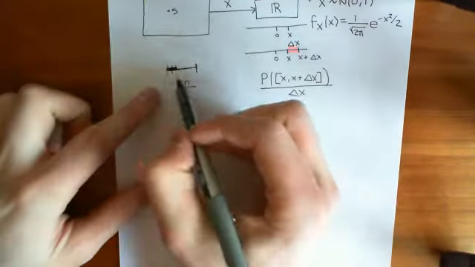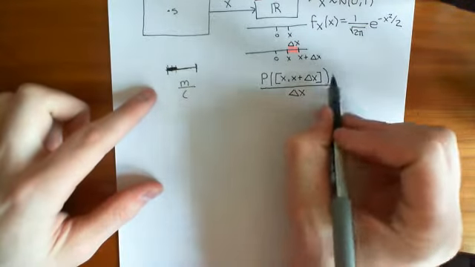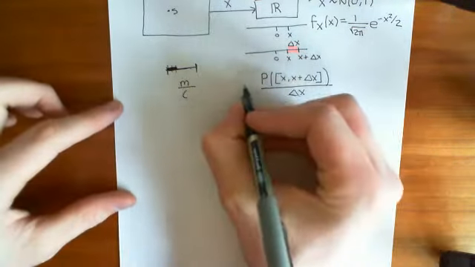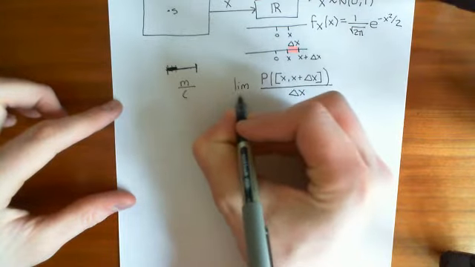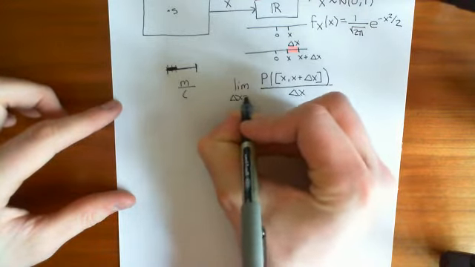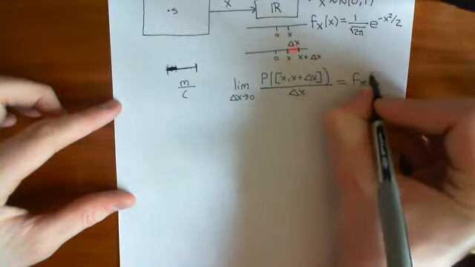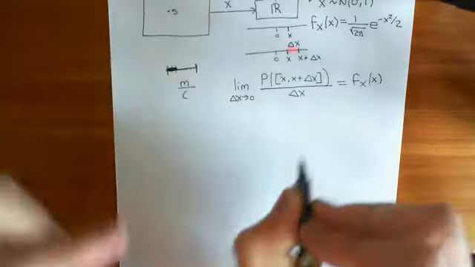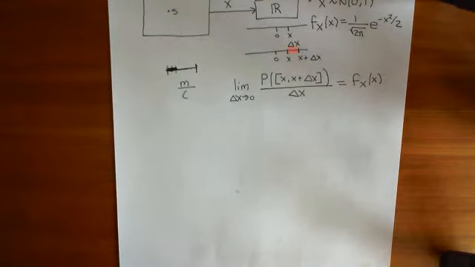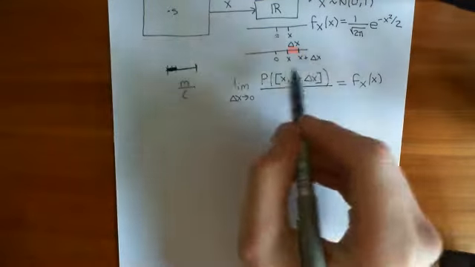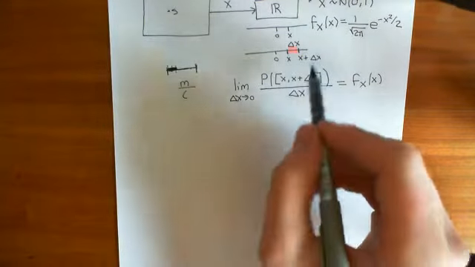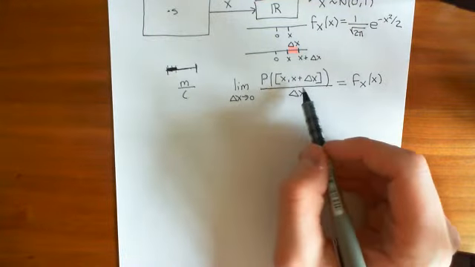So this actually converges on a value. And what that converges on as delta x approaches 0 is what we know as the probability density function. So that's what this function here is. It's, if delta x gets smaller and smaller, what does the probability density converge on at that point x?